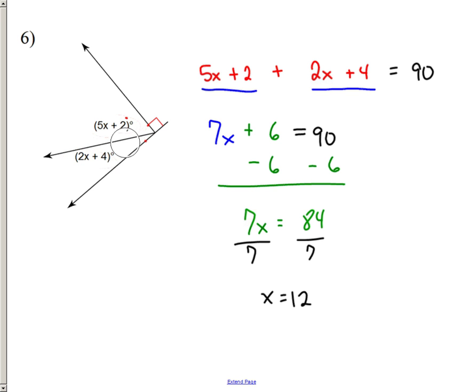So if they just want the x, you're done. If they want the angle measurement, though, again, that means that the 12 would be inserted to both equations. 12 times 5 is 60, and 60 plus 2 is 62 degrees. 12 times 2 is 24, and 24 plus 4 is 28 degrees.